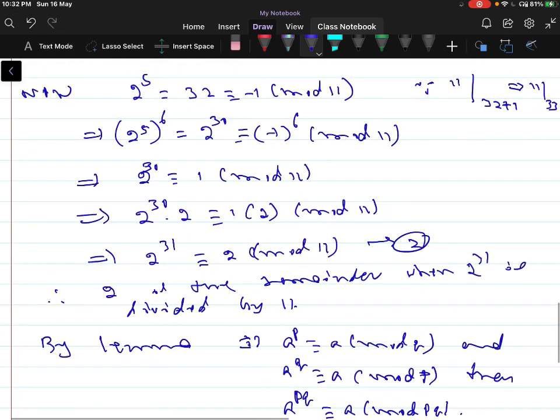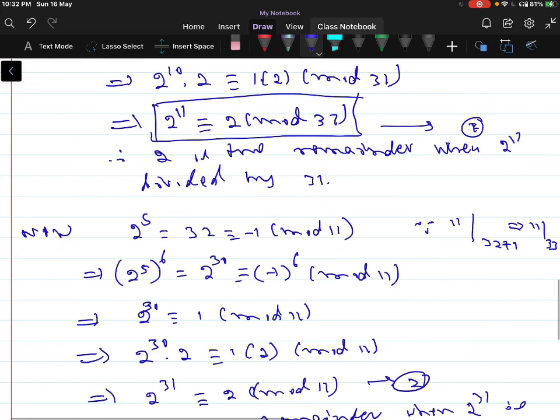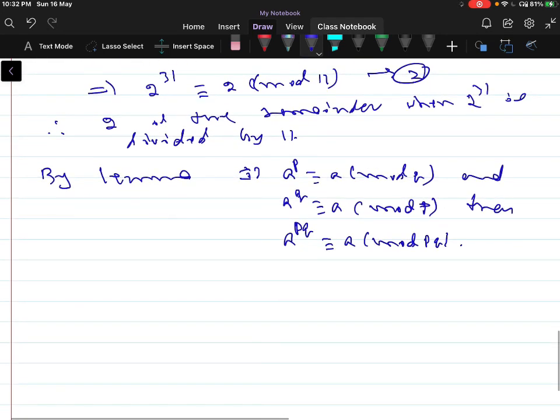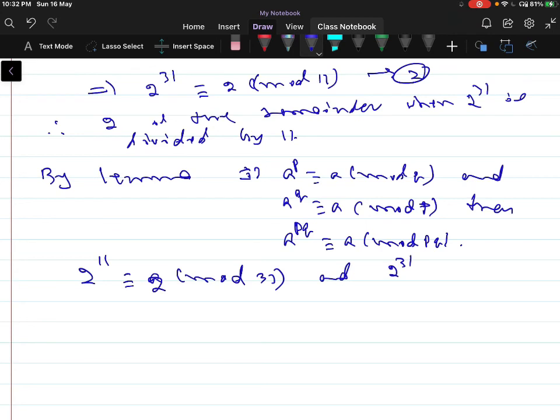So from 1 and 2 we observe that 2 power 11 is congruent to 2 modulo 31, and 2 power 31 is congruent to 2 modulo 11, where a is 2.